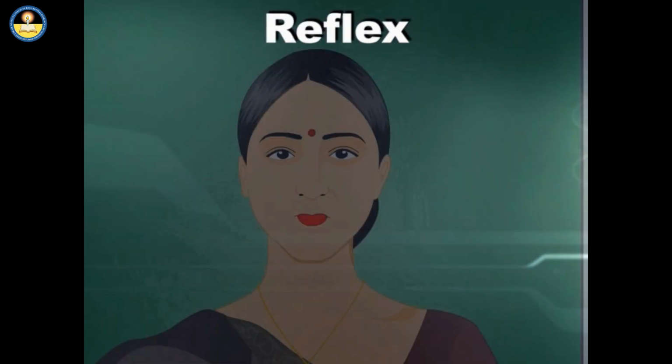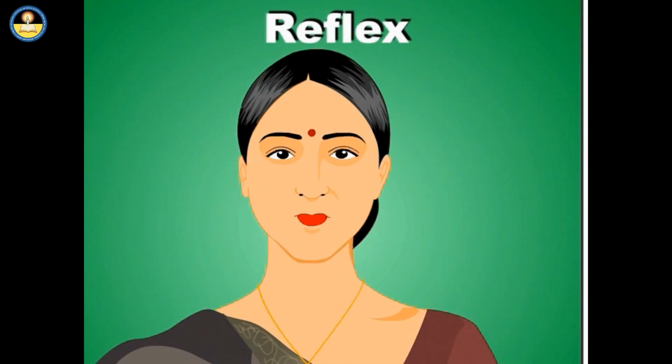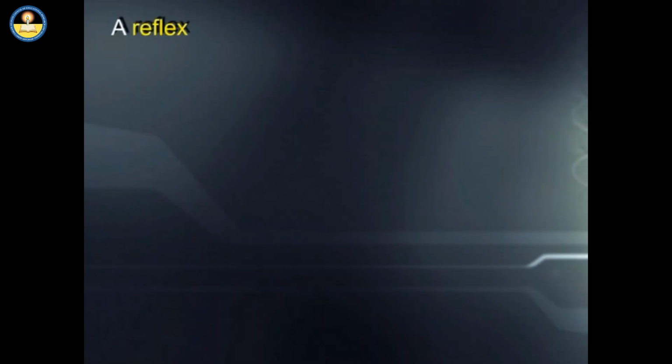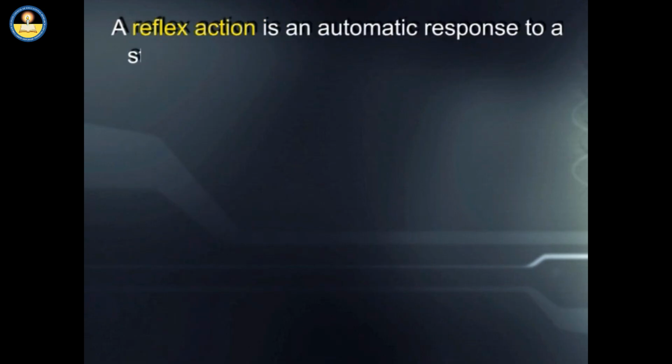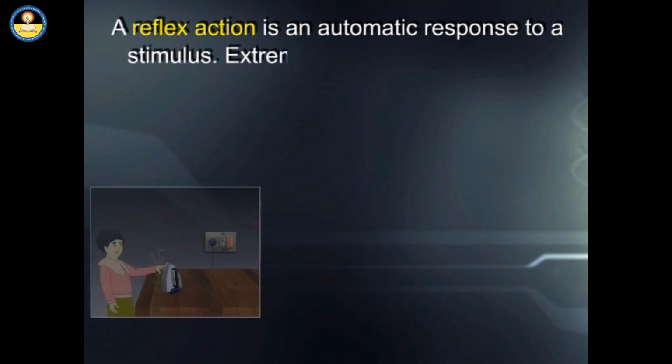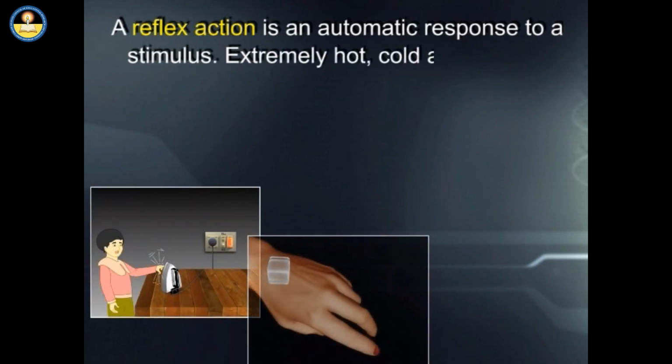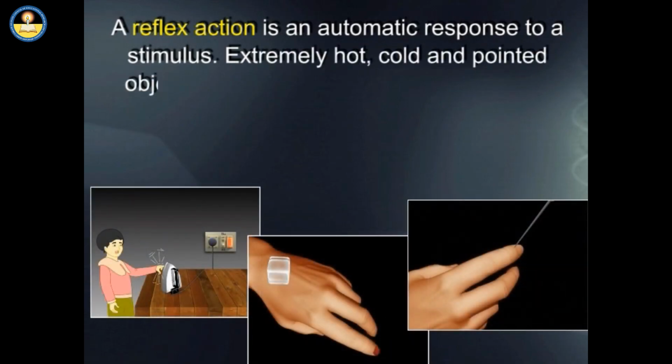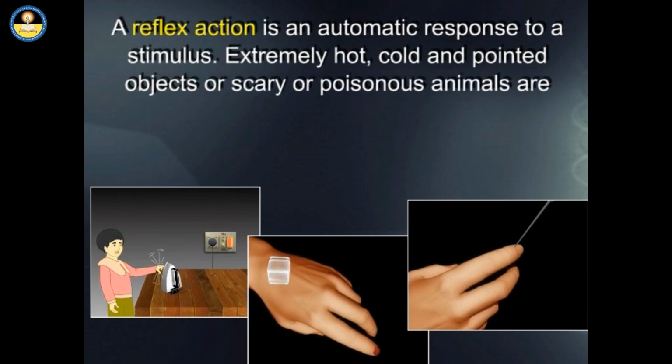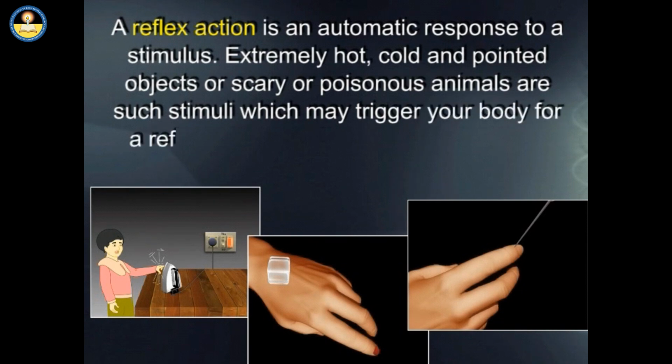The word reflex is used with reference to an action performed by our body to change in the environment. A reflex action is an automatic response to a stimulus. Extremely hot, cold, and pointed objects or scary or poisonous animals are such stimuli which may trigger your body for a reflex action.